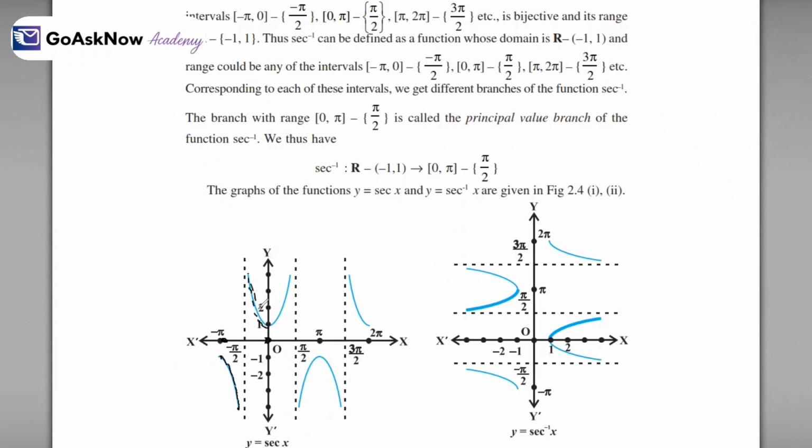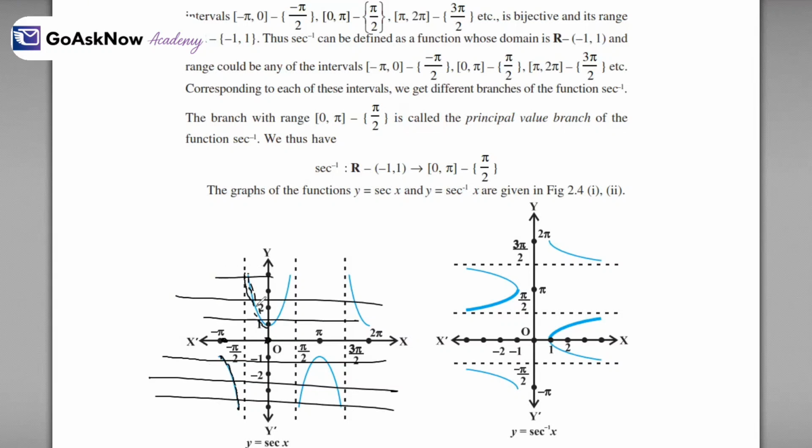If you draw any line parallel to the x-axis, it will cut the graph at only a single point in this interval. That is why it is one-one and onto in this interval, and the minus pi by 2 point is excluded in this interval.